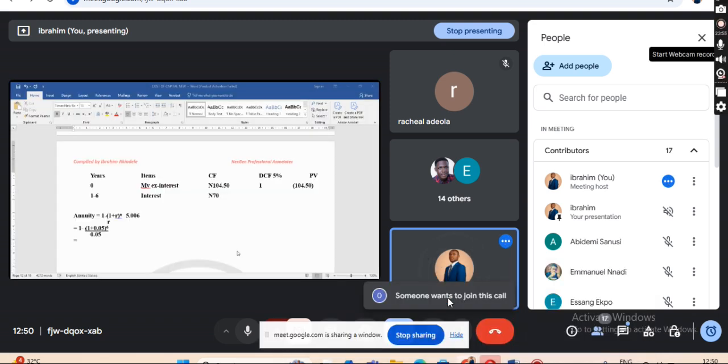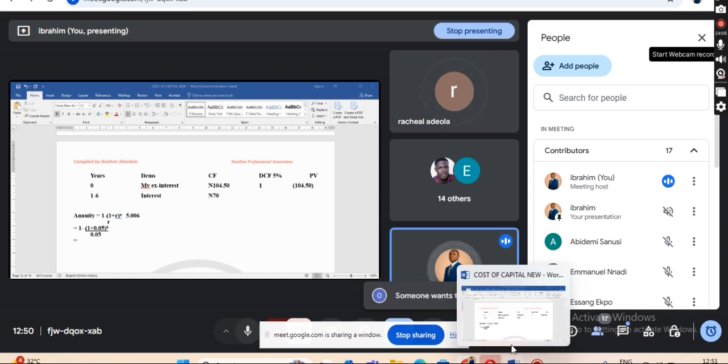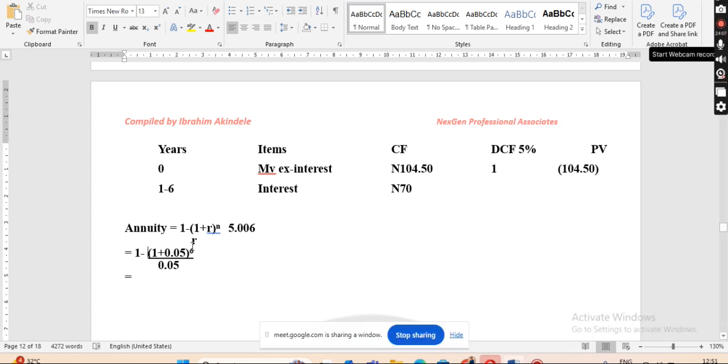Is that not so? Someone says that is not raised to power minus 6. Okay, thank you. Raised to power minus 6, that is the annuity formula.